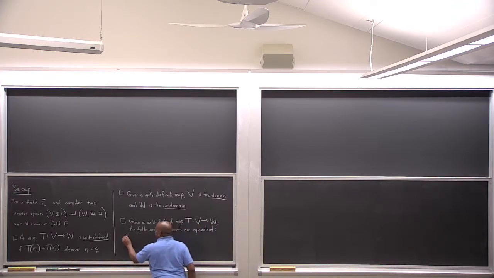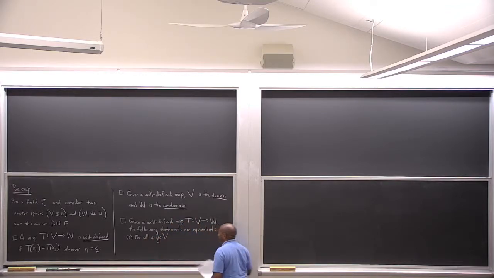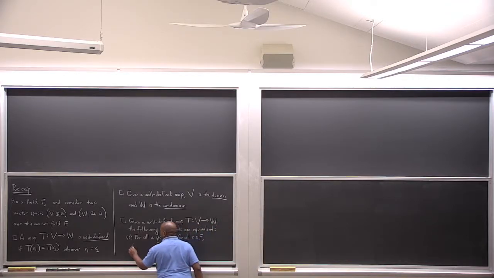So the first statement says, for all vectors x and y in the domain, and for all scalars, let's call them C, then we have two statements.